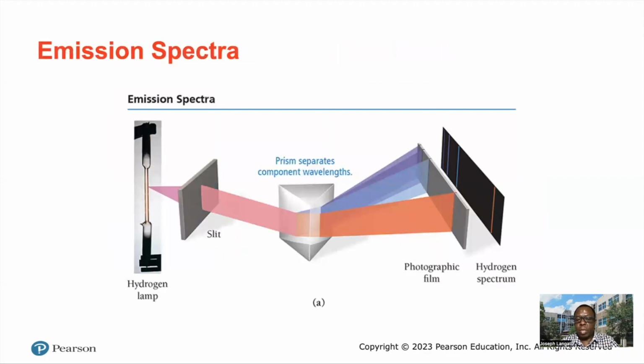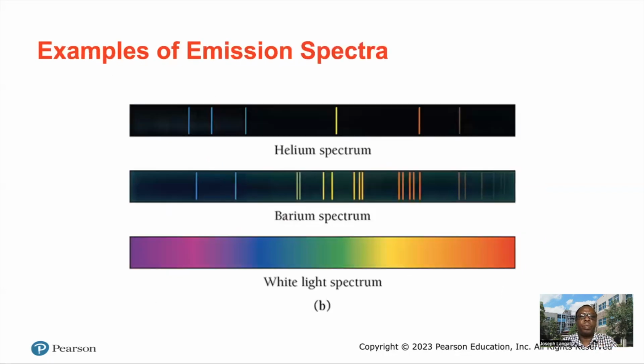So we just looked at how to calculate the wavelength of light for the hydrogen emission spectrum, the line spectrum for hydrogen. If you look at helium, there are more lines, 1, 2, 3, 4, 5, 6, yet we know helium has 2 electrons. Hydrogen has 1 electron.